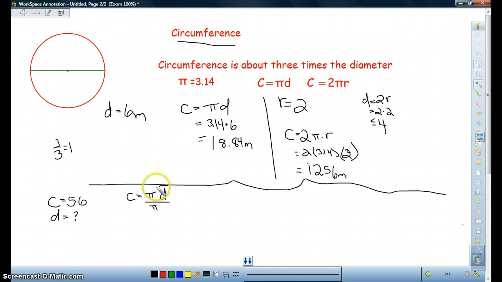What is that equal to? Well, it's equal to 1. But to keep everything balanced, what we do to one side, we do to the other. And we have divided by pi here. Now this cancels out, and you end up with, and I'm just writing it because my brain works left to right, d equals C divided by pi.